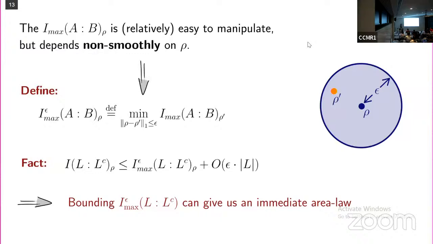The idea is that because I max is a very non-continuous quantity, it's very hard to work with analytically, and that's why we introduced epsilon I max. There is this fact here that relates I max to the well-known mutual information, and it says that it is upper bounded by this formula, and as a result, if I'm taking epsilon to be 1 over L, and I have a bound on I max, it will give me an upper bound on I. So this will be the way I would proceed.